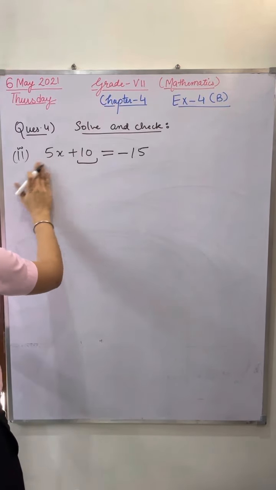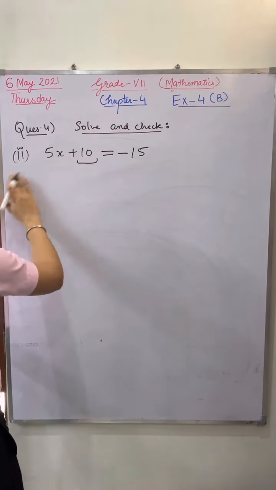Okay, so what is my first step? If I start the question, what will be my first step? I have to shift the constant value from here to there. What should I write here? I have written it in the previous question. The same I have to write here. Amrinder, please tell me quickly.